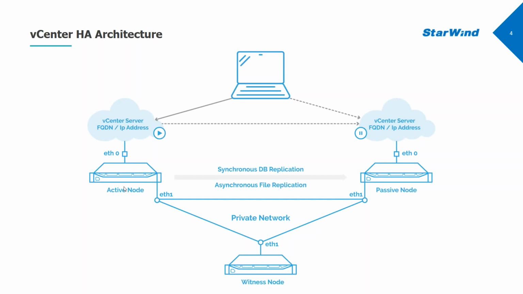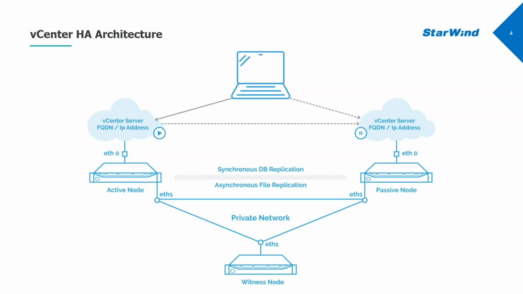The active node is serving admin's requests and provides the general services and operations within the vSphere environment. The passive node is an exact copy of the active node, which constantly receives updates from the active node. It has obviously the same size as the active node.